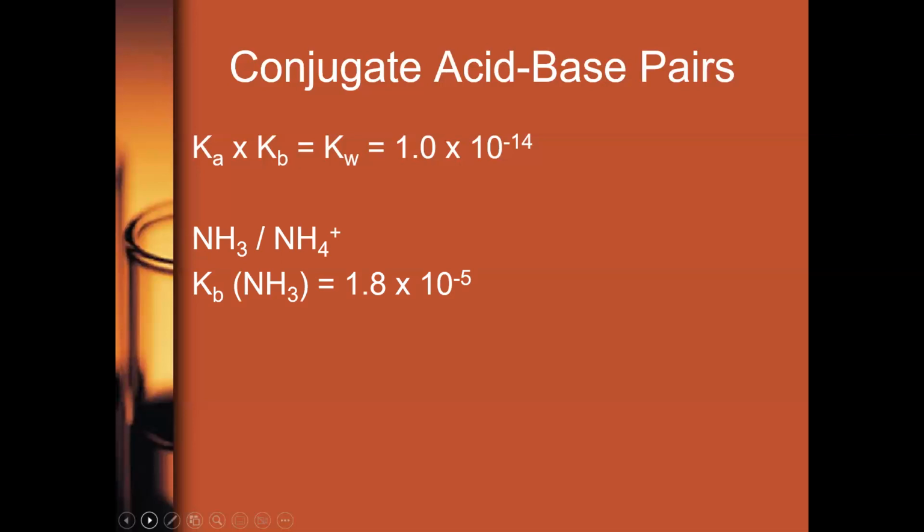But if we need to find the Ka value, we simply plug it in, and we will do the 1.0 times 10 to the negative 14th divided by the Kb value to find a Ka value, which would end up being 5.6 times 10 to the negative 10th. And you'll notice that the higher value, the 1.8 times 10 to the negative 5th, is Kb. So we know that this is a weak base overall.